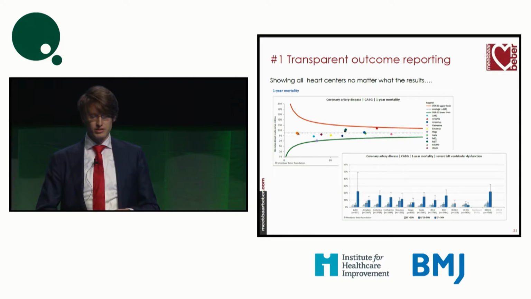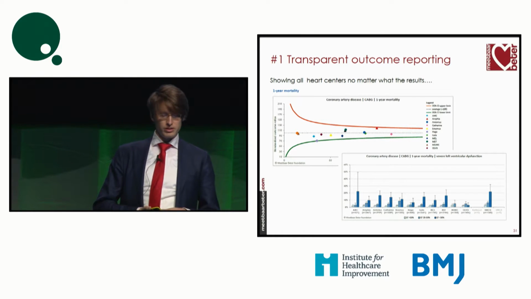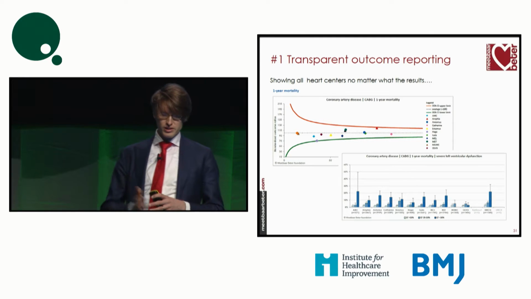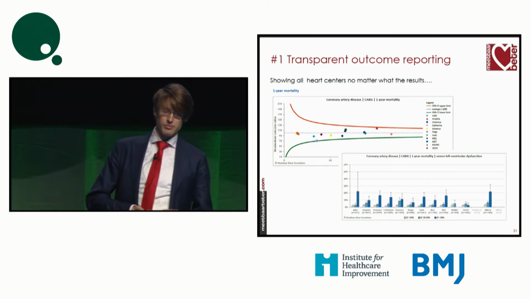It has led to a lot of discussions, sometimes very heated discussions, because here, of course, also for political reasons, you see results shown where all of the centers are nicely within a funnel plot, which means that there are no outliers.